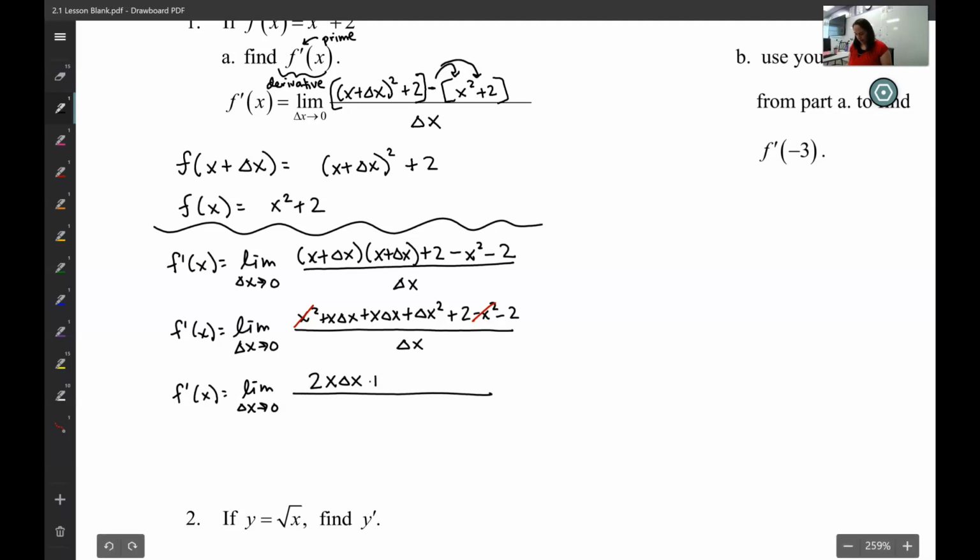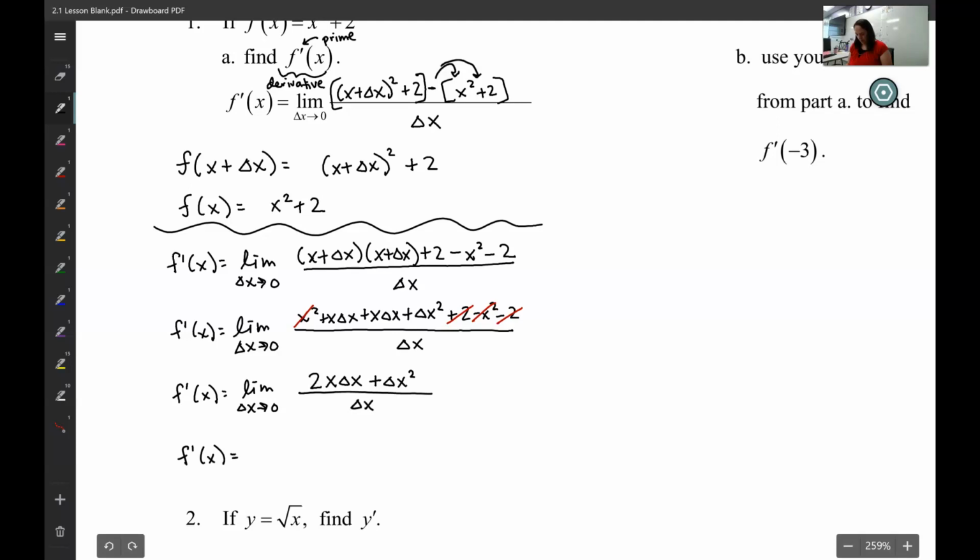Then I have a plus delta x squared, which can't be combined with anything. And then I have a plus 2 minus 2, so those are going to go away. Hey, this just got way simpler, all over delta x.